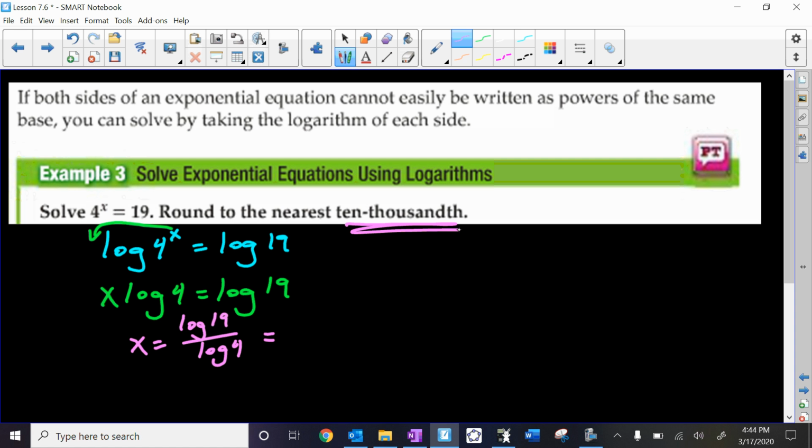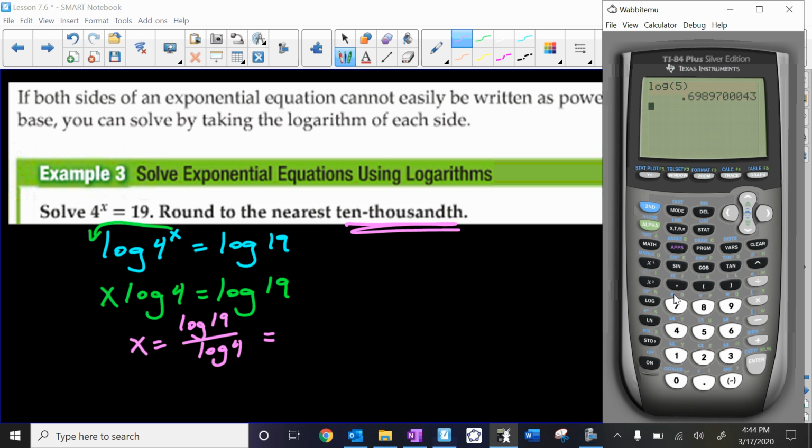Notice it wants 10,000th place. That's 4 decimals when I plug that in. So I'll show you one of them on my calculator. I'm going to go log of 19. Make sure you close it. Divided by log of 4 gets me that value. 2 point, it's going to go away as soon as I write it in there, but it's going to come out to 2.1240.